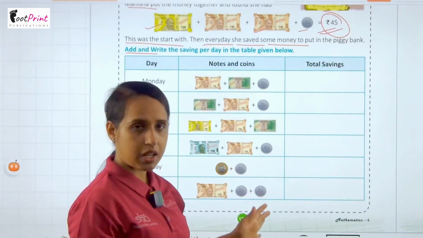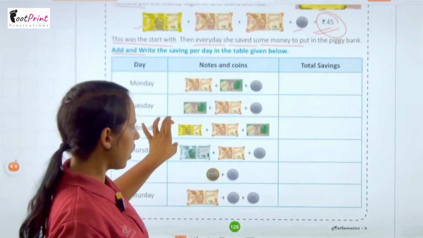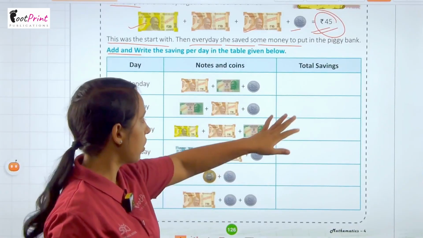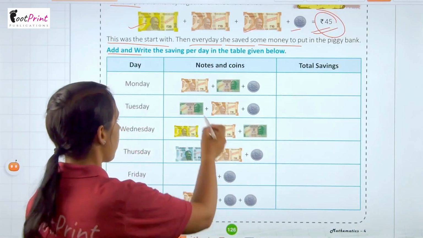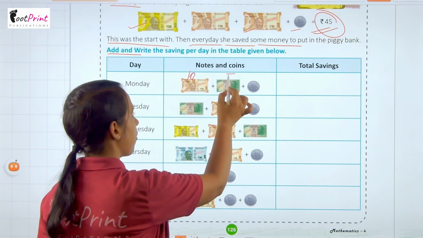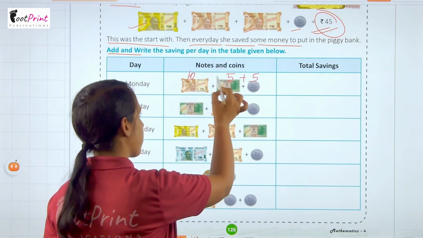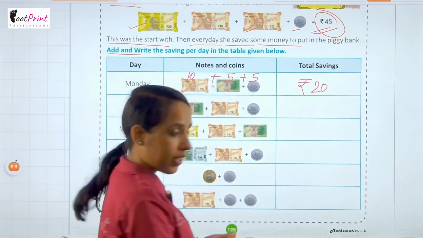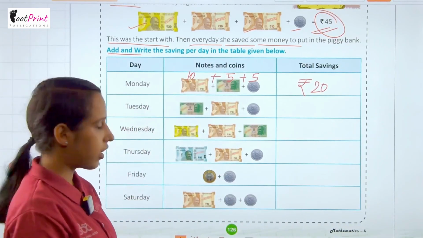And here we have some money, that is notes or in coins, and we have to write out the total here. So here we have 10 rupee, 5 rupees plus 5 rupees, so it will be equals to 20 rupees. Okay, just like that you have to fill this table.